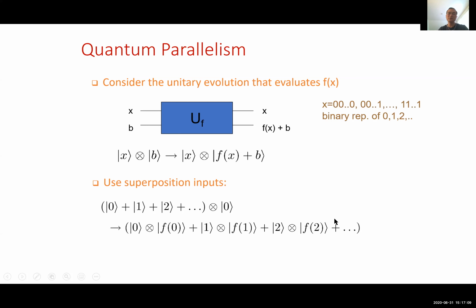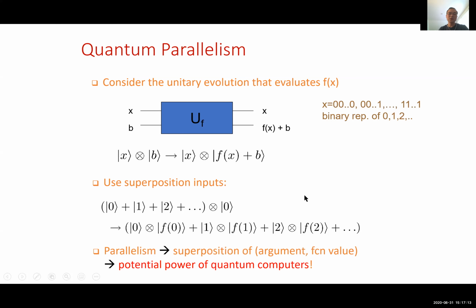It's as if the quantum computer knows everything. This so-called parallelism is actually using the superposition, using the linearity that we talked about, one of the three rules of quantum mechanics. This shows that a quantum computer can be potentially very powerful because it knows everything. It embeds all the question-answer pairs in a quantum state.